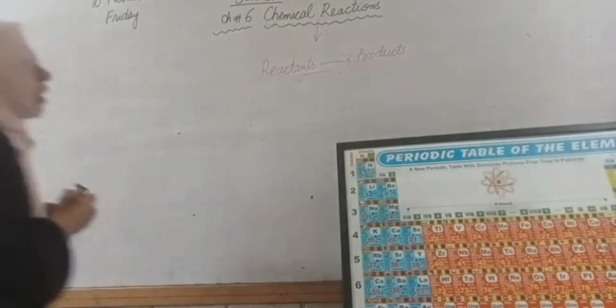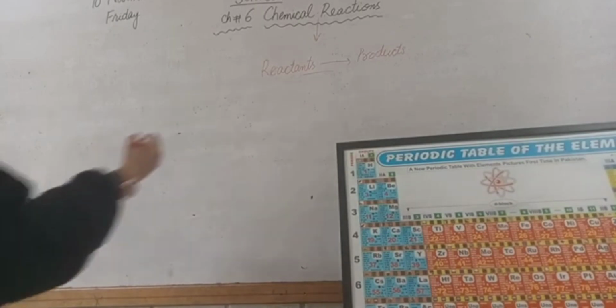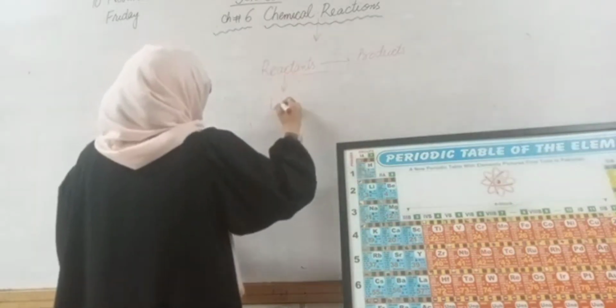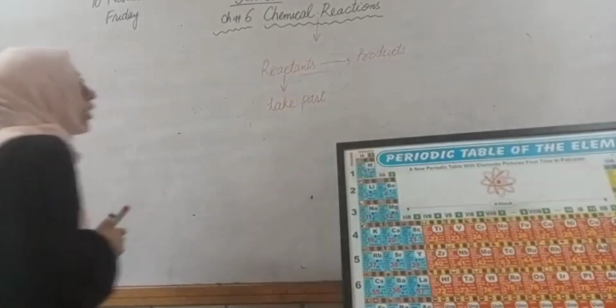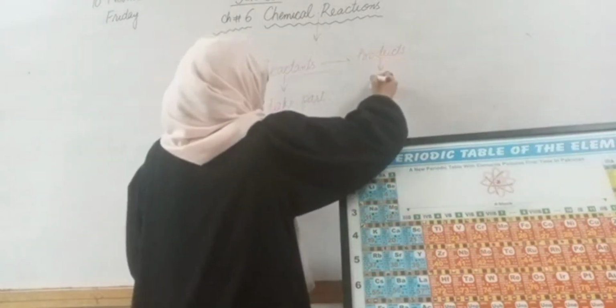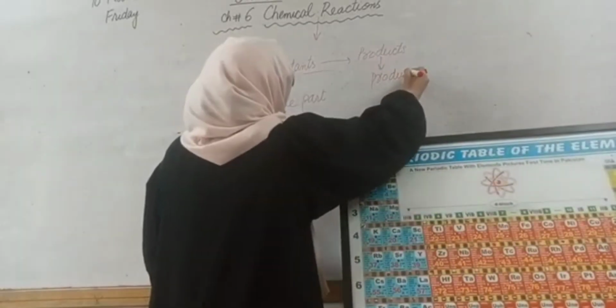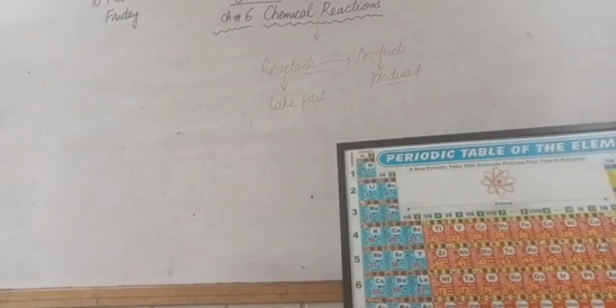As we have discussed in the class, the reactants are those compounds that take part in a chemical reaction, and the products are those compounds that are produced as a result of chemical reactions. When reactants combine, they make products. You know that. And the formation of a product by the reactants is called a chemical reaction.